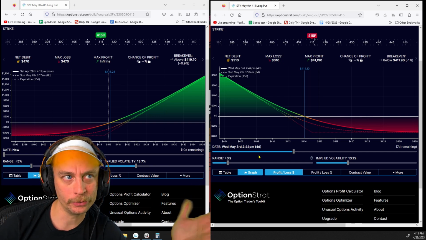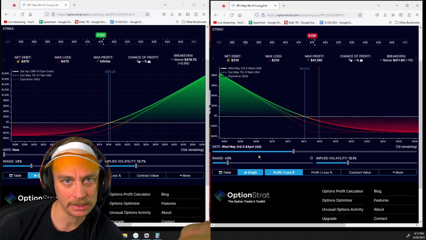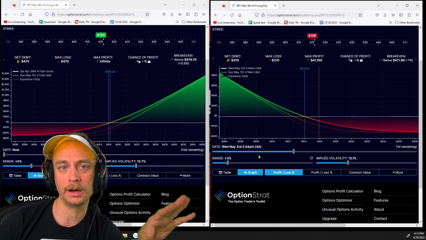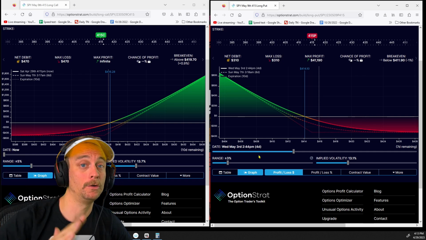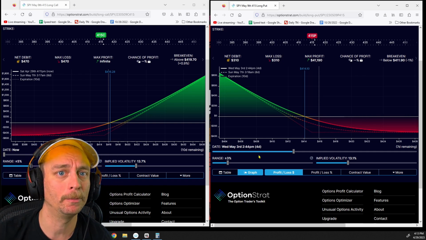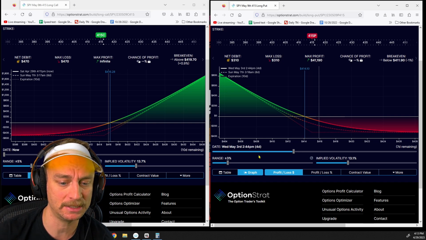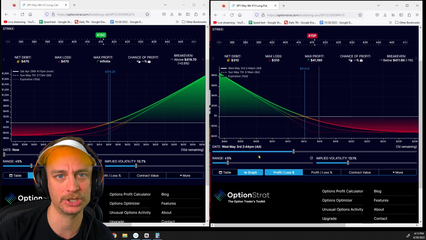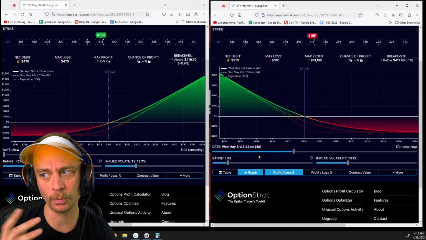I'm only going to lose $400, $300 on these things maximum at expiration. But again, the reason I'm putting it on is I'm betting that the market's going to move immediately. And if it doesn't and it takes a little bit longer to move than I expected, well, instead of taking a max loss, I'll just cut the position for a smaller loss or a break even or something. So that's the way I kind of do it.